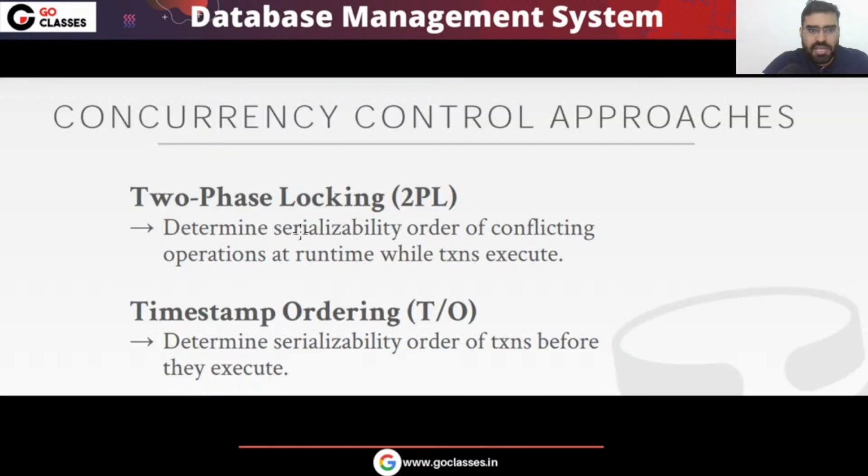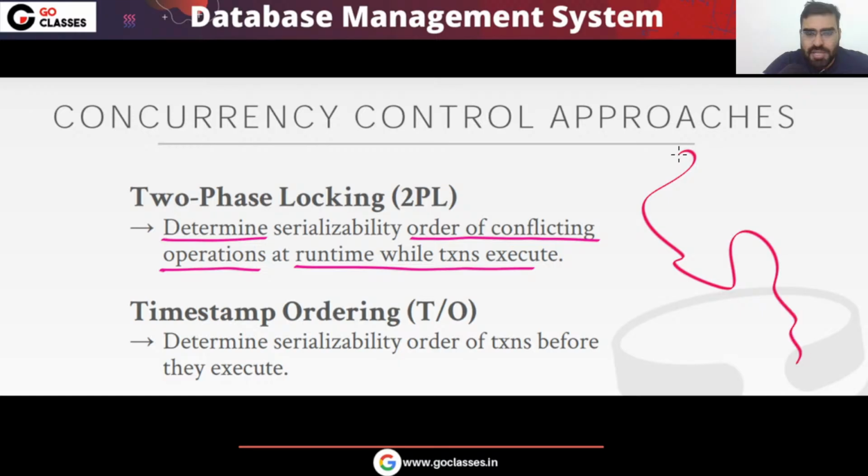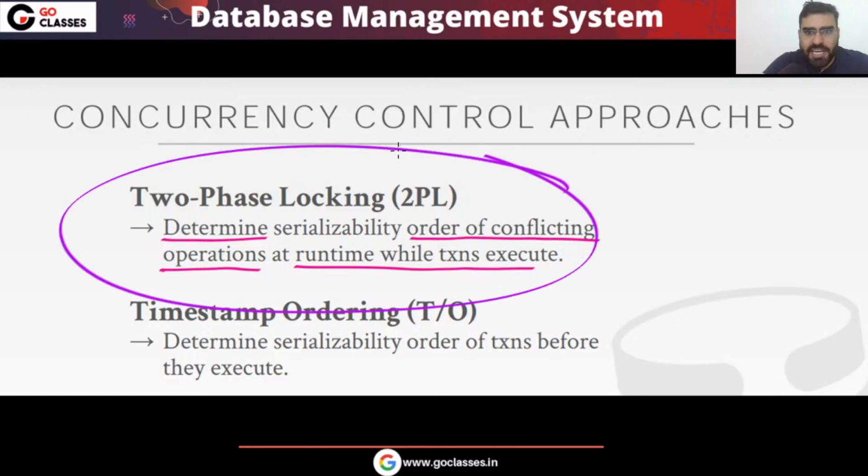In the locking protocol, like the two-phase locking protocol, the order of conflicting operations is determined at runtime, when the transactions are executing. This is the same idea as your actions deciding your fate, your actions deciding your destiny.